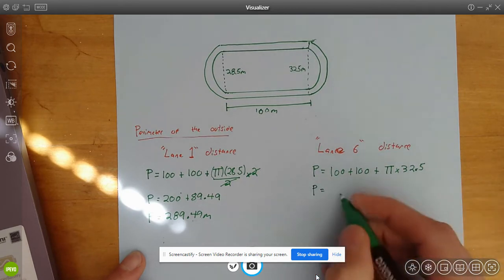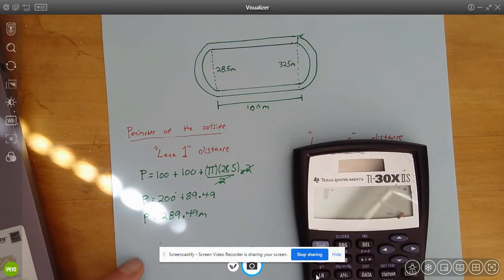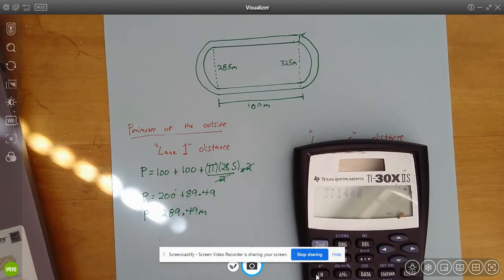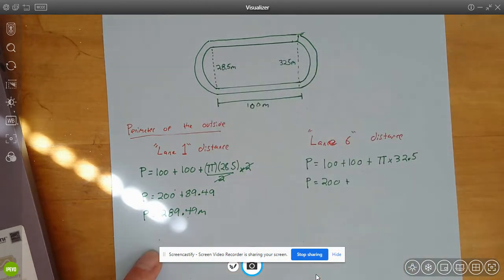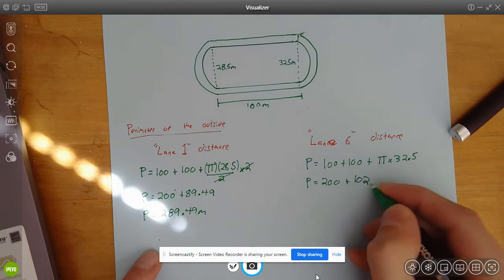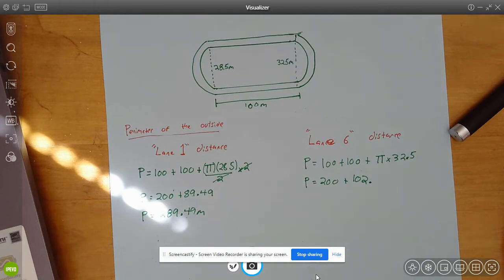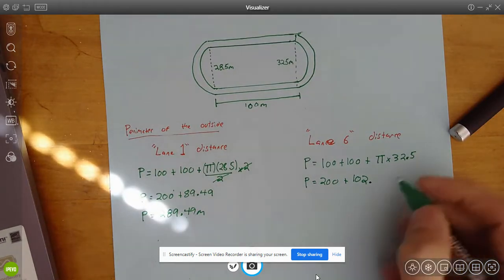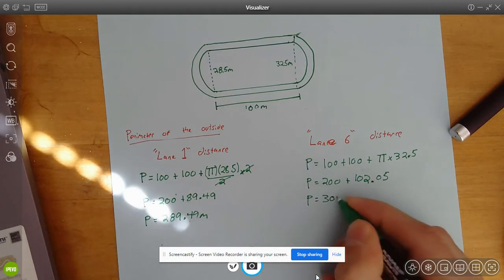So it's pi times diameter. I've got 200, and this time it's 3.14, there was a bit of glare on my calculator today, times 32.5. So I've got to travel, whoops, there goes my calculator, an additional 102.05 meters. So I have to run 302 meters.